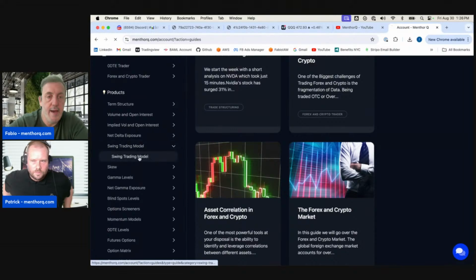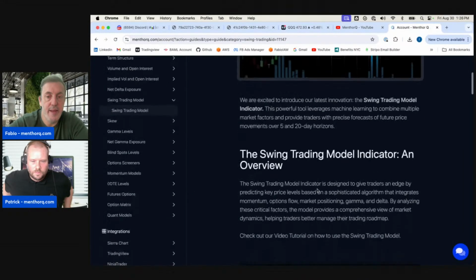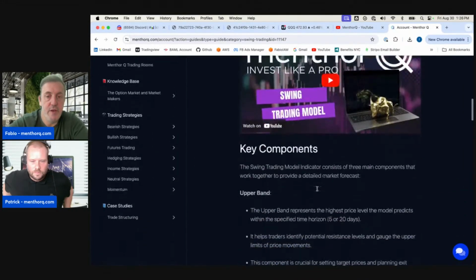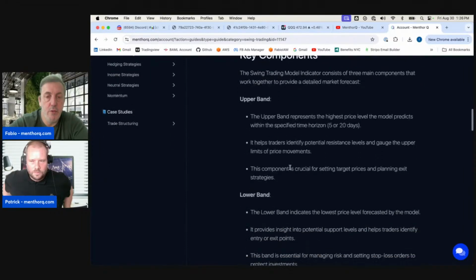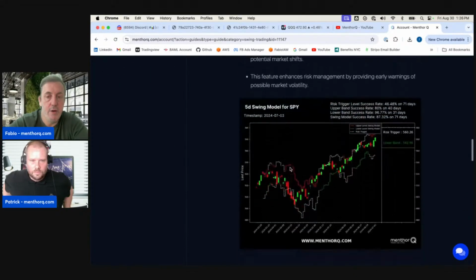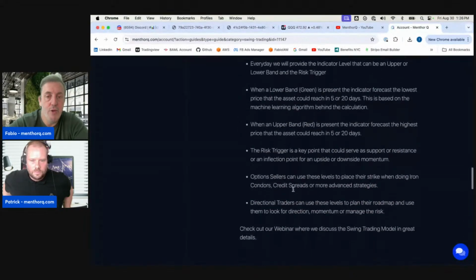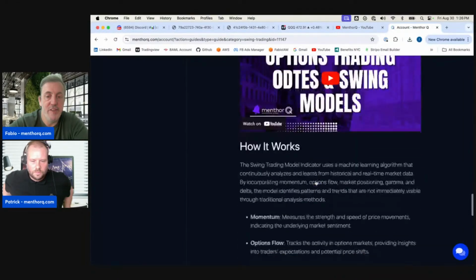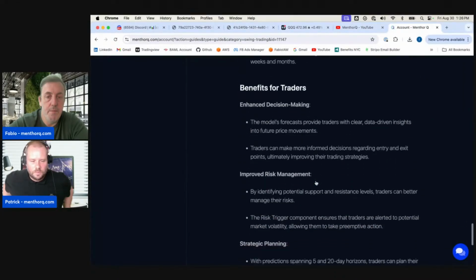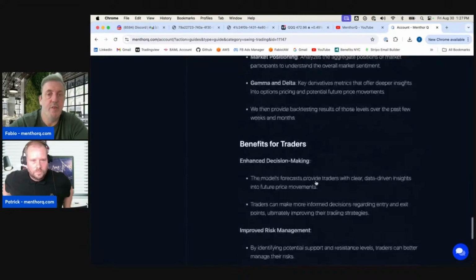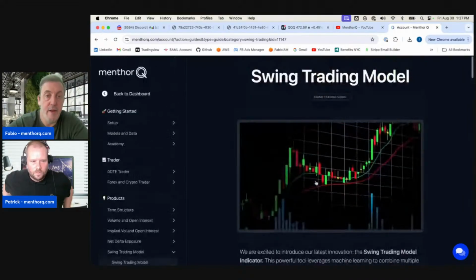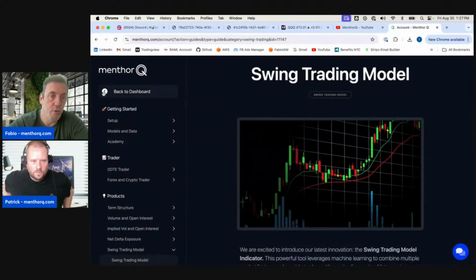And then we have some documentation that explains exactly what I showed you, some videos, all the different components of the indicator, how the indicator works, how to use it, more videos here, benefits, etc. So everything is explained directly on the website.